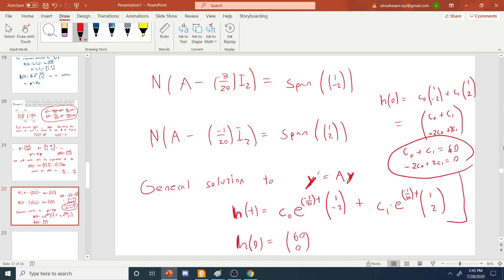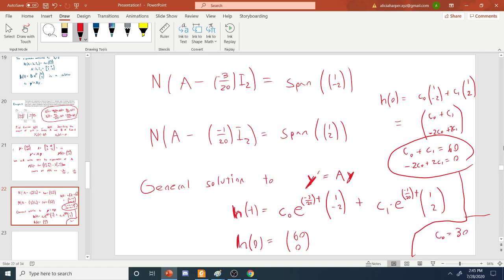Now, in order to solve this, you could basically use any of the techniques at the start of this course, or you could simply see that taking c naught to be 30 and c1 to be 30 instantly solves this equation. So c naught equals 30, c1 equals 30, gives us a solution.